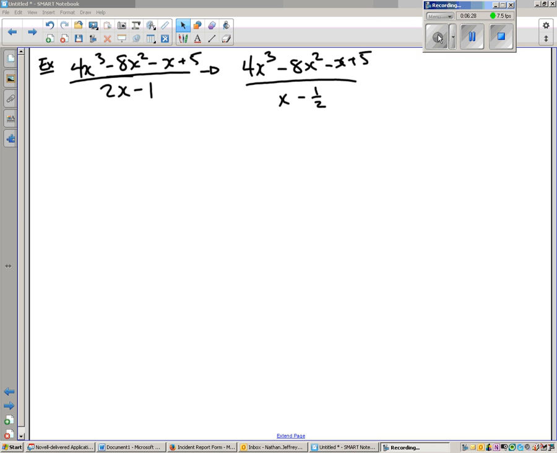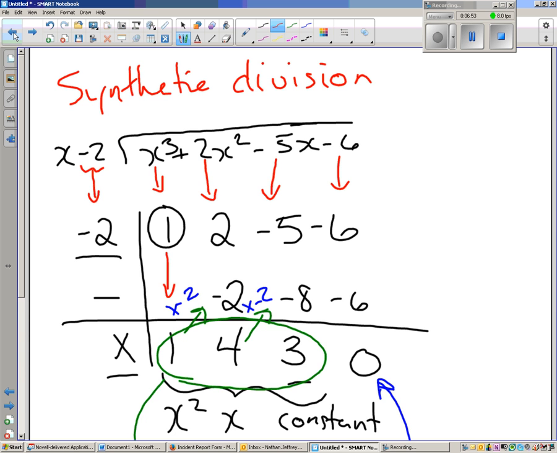The second example we're going to do with synthetic division is a little bit harder. It deals with the polynomial 4x cubed minus 8x squared minus x plus 5, and we're going to divide that by 2x minus 1. The problem comes from the leading coefficient of the term that's in our denominator. If we just had an x minus 1, we could go back to the example we did first.